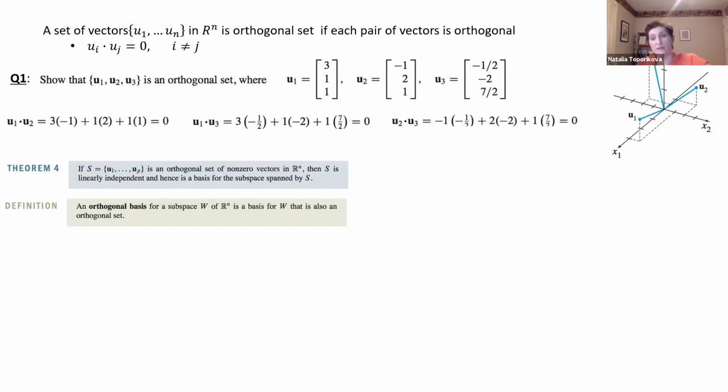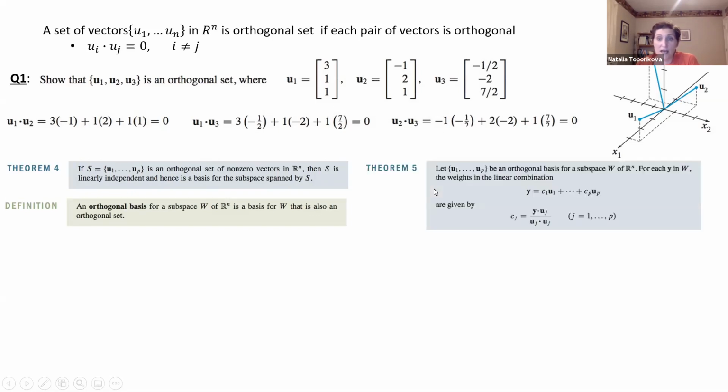They're orthogonal and they are a basis, so we will call it an orthogonal basis for the subspace W in Rn. And that's a very convenient set, mostly because there is a really nice formula which tells us how to calculate the components of our vector y in this orthogonal basis.